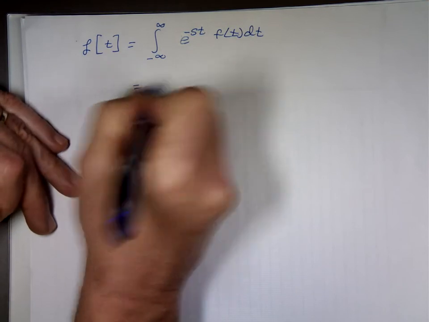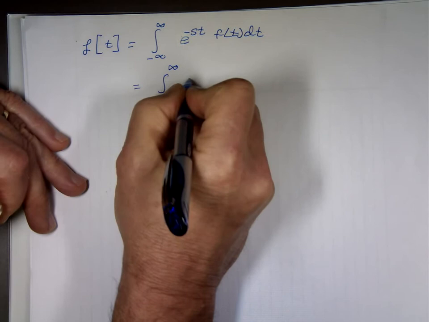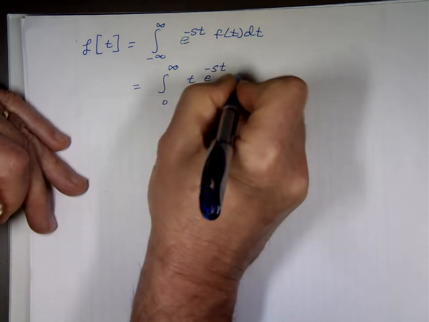Again, in circuits, that goes from 0 to infinity. In this case, f of t is t, so e to the minus st dt.